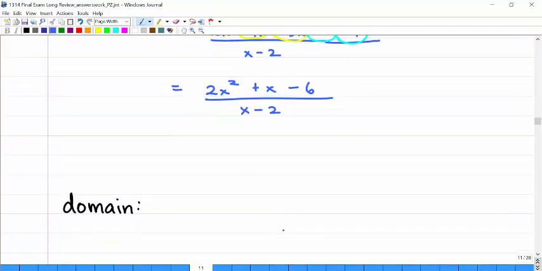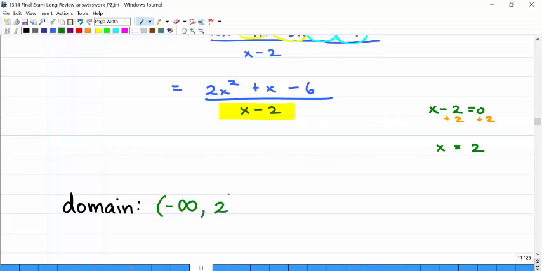Then it wanted me to find the domain of that function. Again, I have a rational function. The denominator can't be equal to 0. When is x minus 2 equal to 0? I solve for x, add 2 to both sides, and I get x equals 2. So my domain, x cannot be 2. How do I write that in interval notation? Parenthesis, negative infinity to 2, parenthesis, union, parenthesis, 2 to infinity.